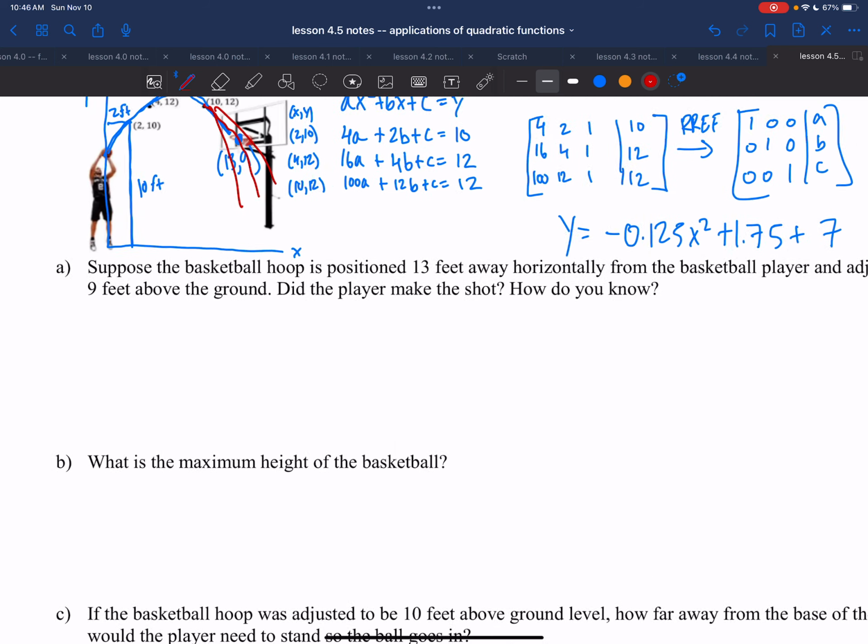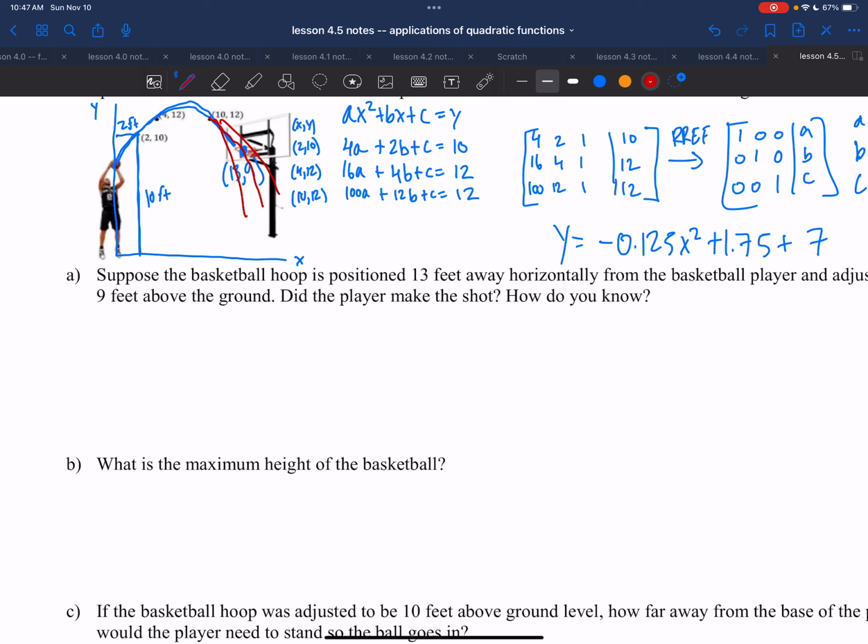If the hoop is 13 feet away and 9 feet above the ground, then when the basketball is 13 feet away from the player, it should be 9 feet above the ground, because that would mean it is going through the hoop. So essentially I want the point (13, 9). So, does h of 13 equal 9? This is what I'm interested in.